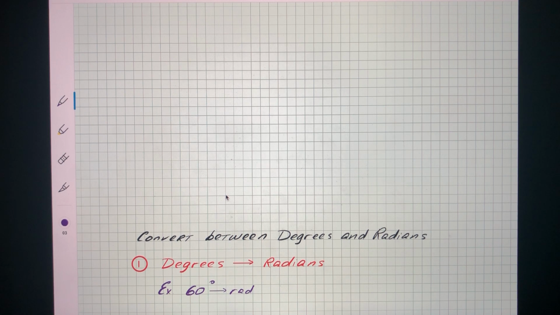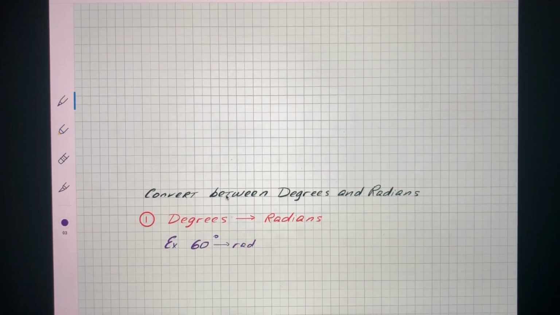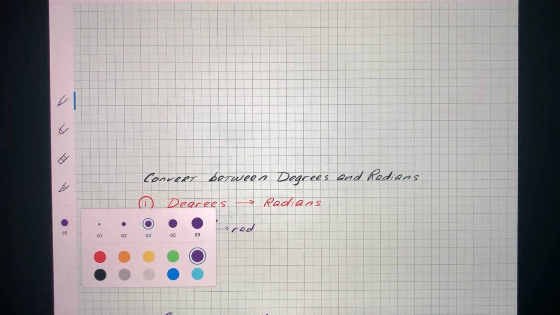And so here are two examples of how to convert from degrees to radians, and one example of how to convert from radians to degrees. There are different ways of doing it. One way is to simply remember that pi is 180 degrees, which is a very key fact and worth remembering.